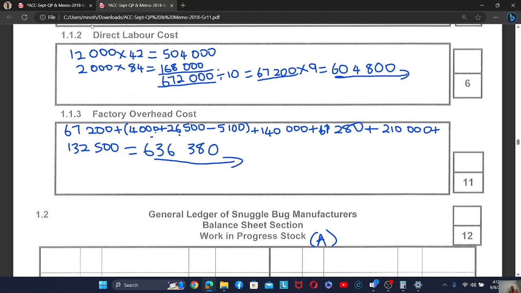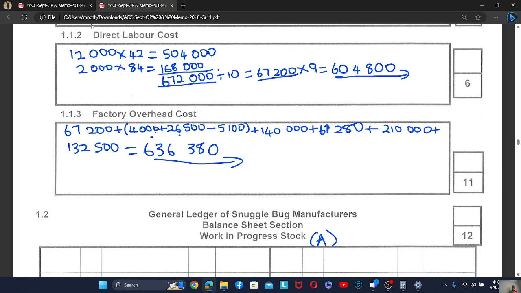It increases on the debit side. Actually, for the factory overhead cost, on the debit side you record all your factory expenses, except for the direct material and the direct labor. Yes.